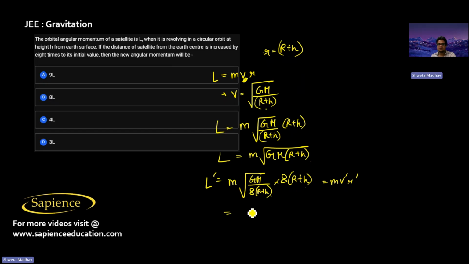So this would be equal to 8 by root 8 into m into root of GM into (R plus h), which is equal to 8 by root 8 into L, which is root 8 L.